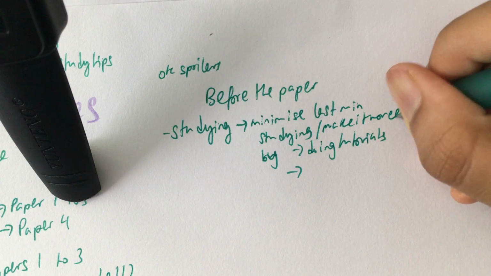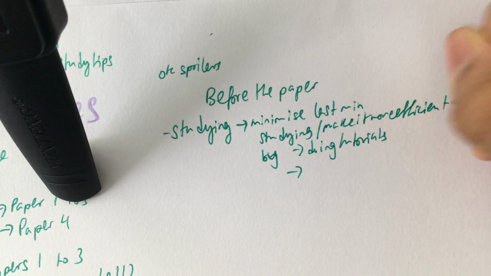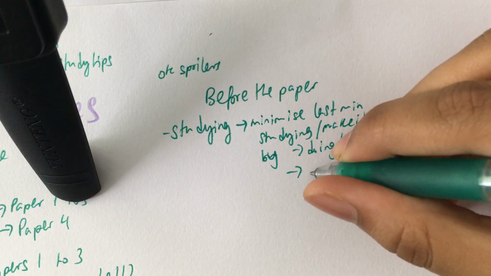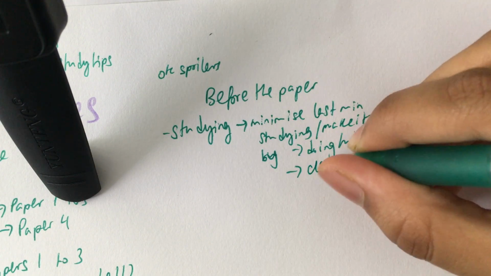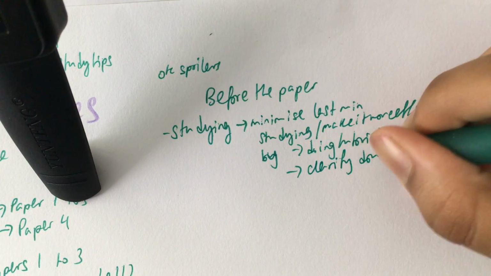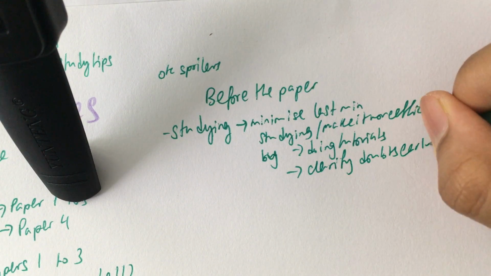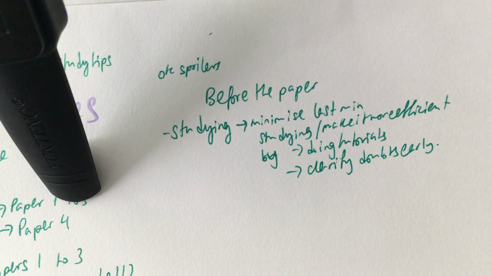When it comes to A level, it's more effective to do questions rather than spend a lot of time and effort trying to relearn or understand the topic when you could have done that earlier during your lesson or beforehand.